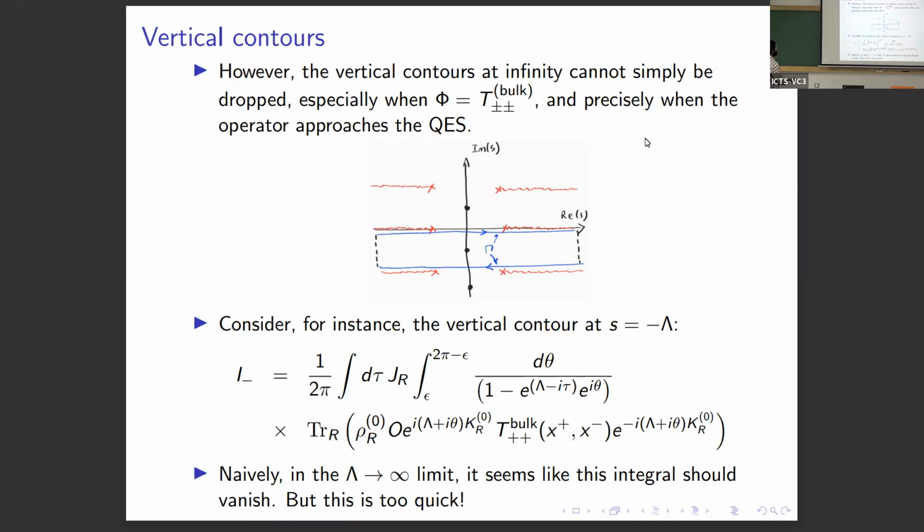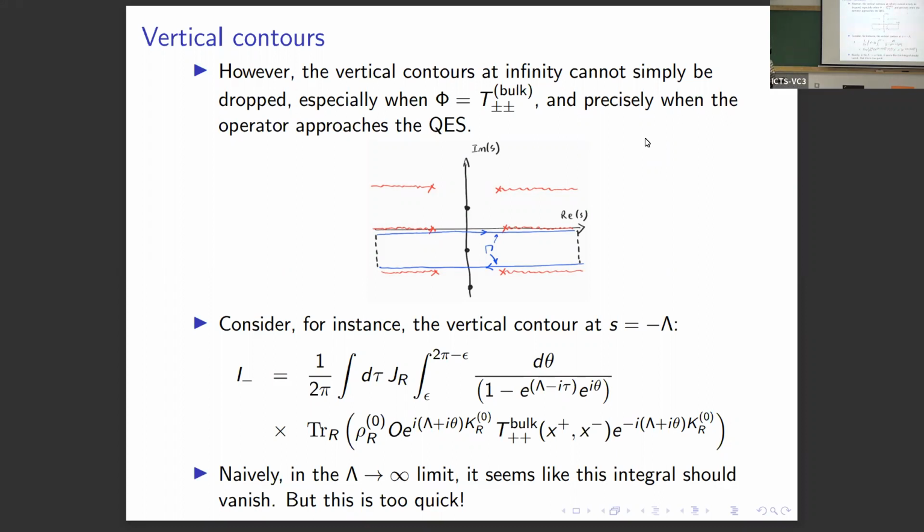The reason is that in the kernel out front, there's a big exponential factor, e to the minus lambda, which suppresses the contributions from these contours sitting way out at absolute value of real S equals lambda. Here I've written the formula for this particular vertical contour. That lambda suppresses this overall integral exponentially.